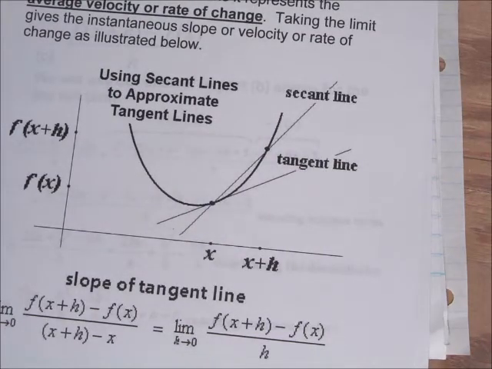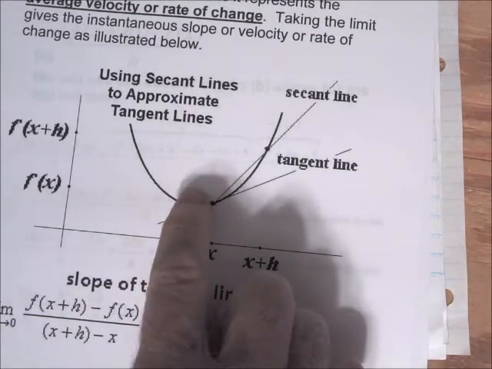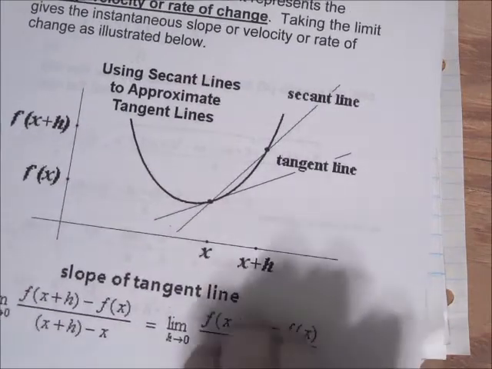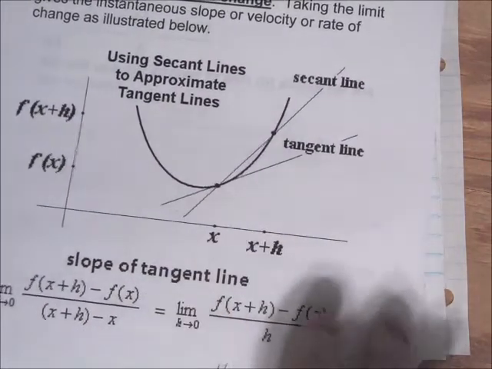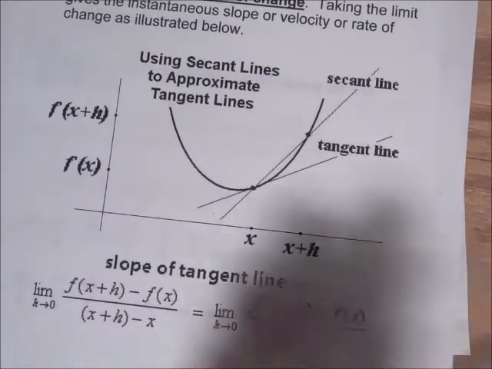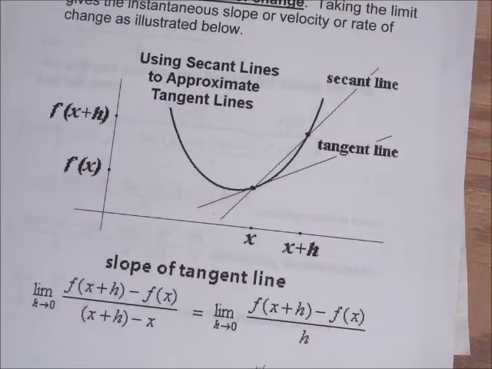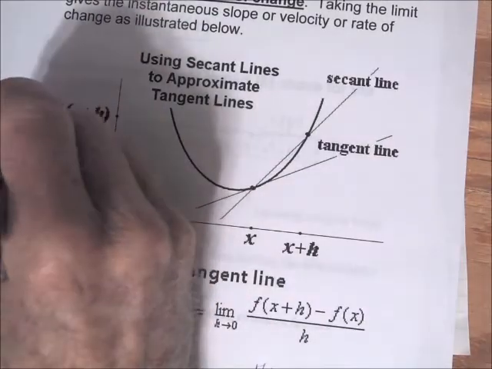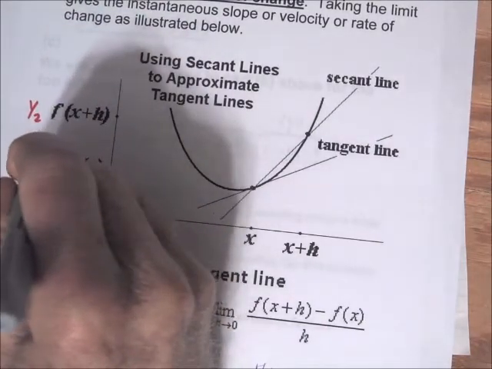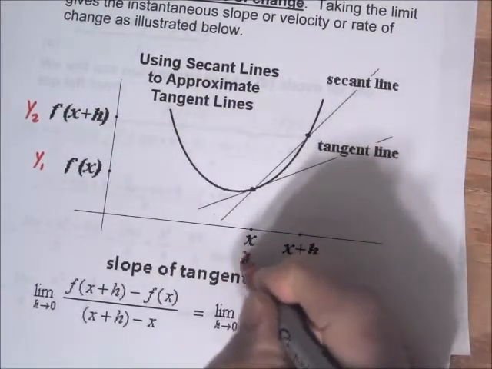So f of x plus h minus f of x is actually the difference of the y values. This is like y2 minus y1. We call this y2, y1, and x2, x1.